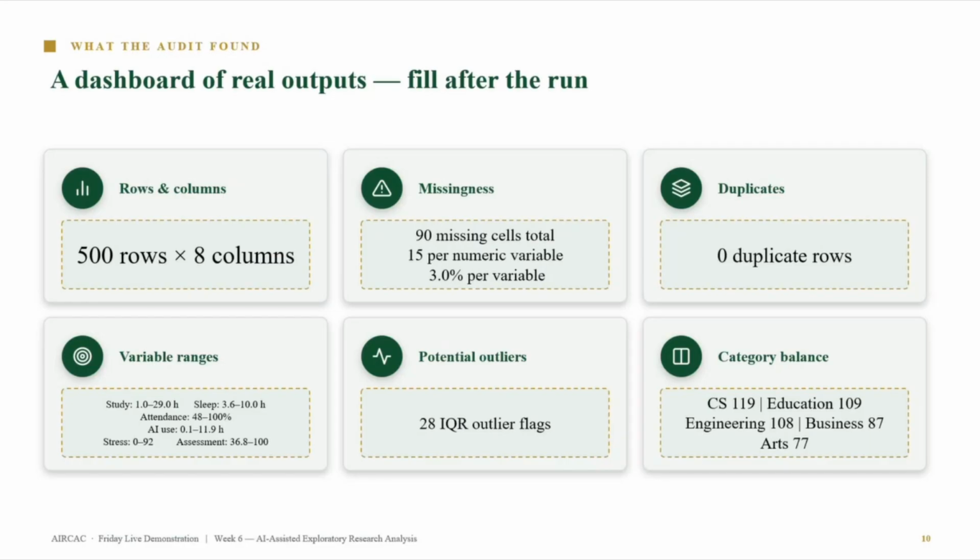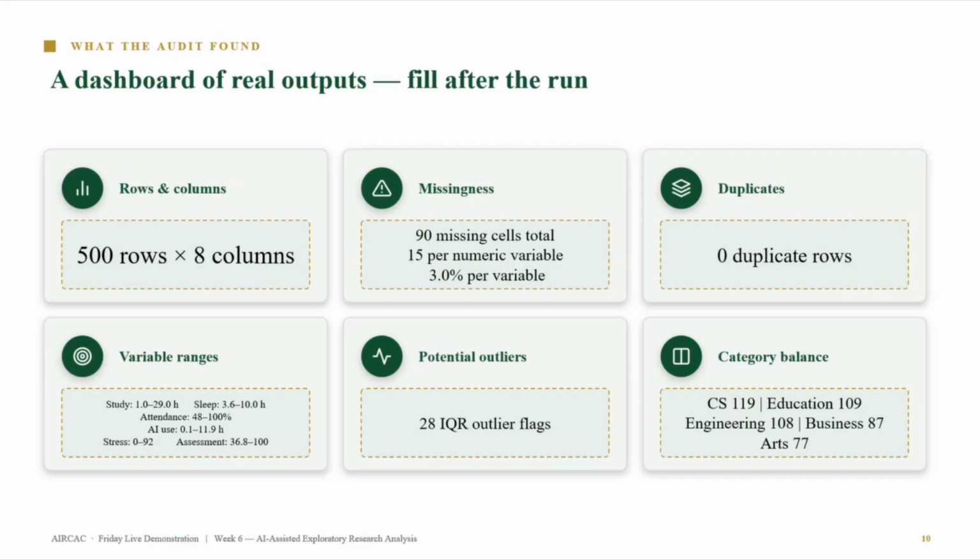We have 90 missing cells in total, so it's 3% per variable. No duplicate rows. We have computer science 119, education 109, engineering 108, business 87, and art 77.